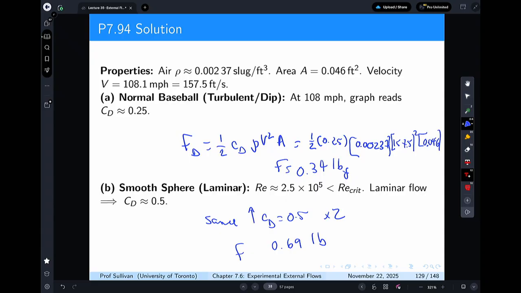You have the same velocity, fluid, and everything else, but C sub D has gone up by a factor of 2, from 0.25 to 0.5. And all I have to do is take my value from the previous case, which is 0.34 something, and I end up with an F sub D equal to 0.69 pounds force. Questions?